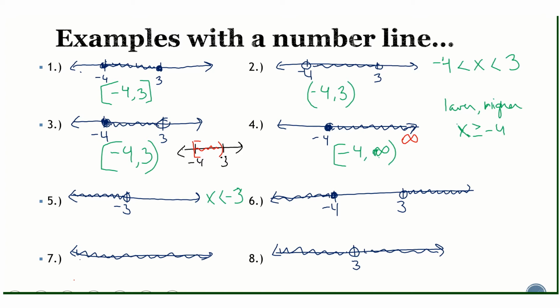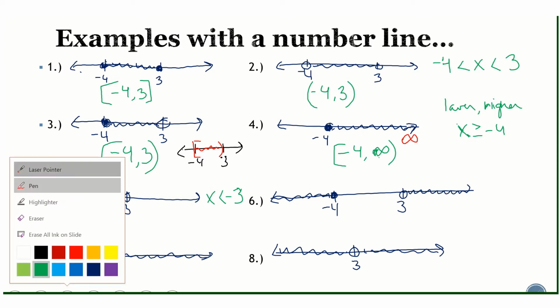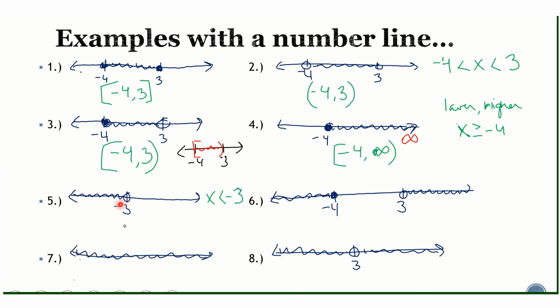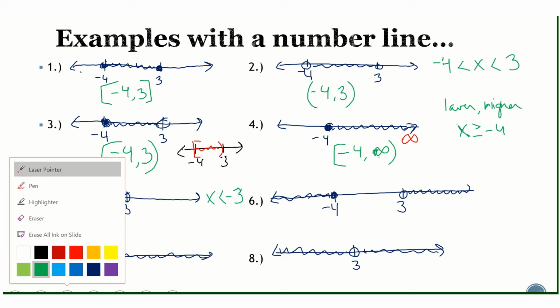And you have this tendency to really picture the -3 and then let your eye drift to the left. Your eye homes in on the -3 and then slinks off to the left. But remember, when we're doing interval notation, you always put the lower number first and then the higher number. So you really want to be careful about that.